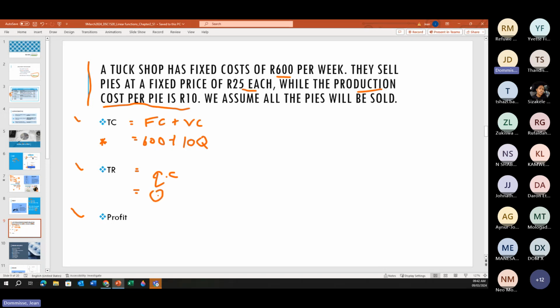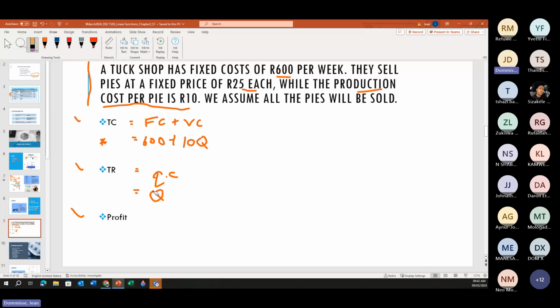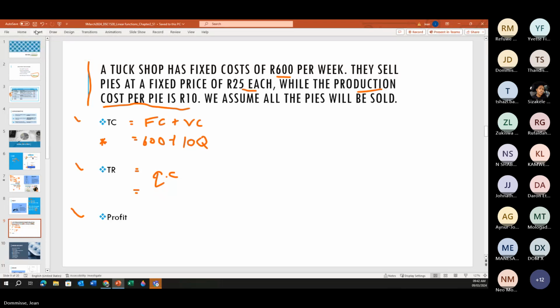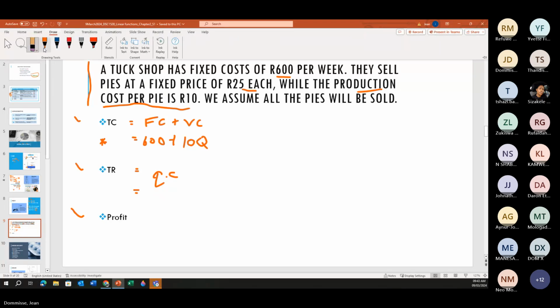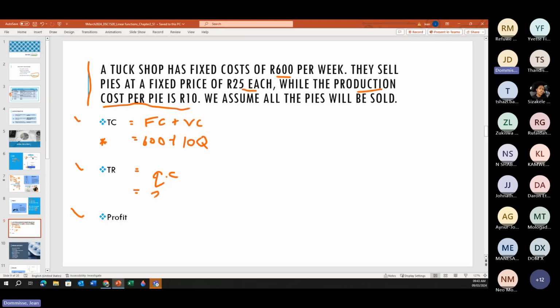So we still don't know what Q is, but we know it is sold for 25 Rand. So your total revenue is 25Q.